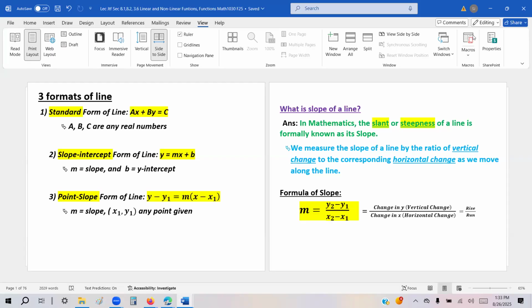If you have two points, then you can find the slope using the slope formula. The slope formula is y2 minus y1 divided by x2 minus x1, where we have two points, (x1, y1) and (x2, y2).